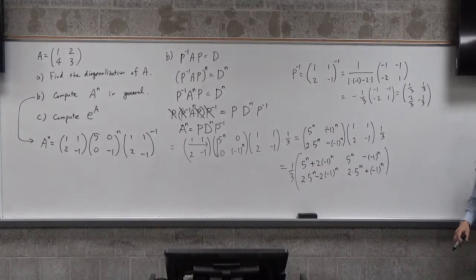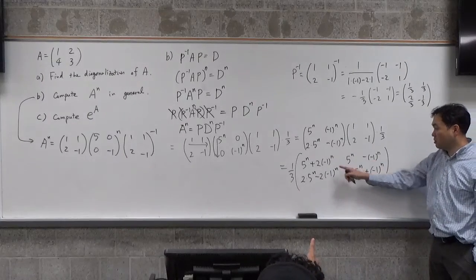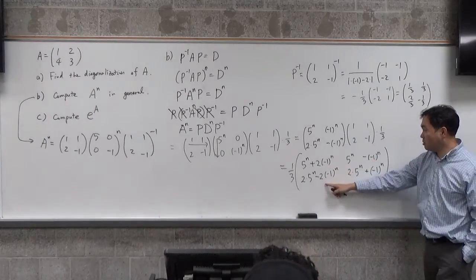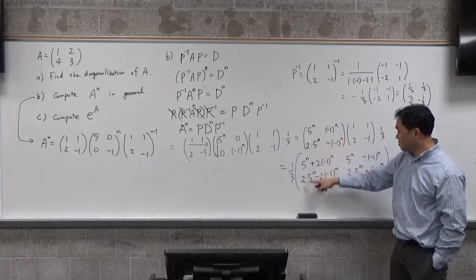Is there a reason why you don't cancel out the 2 negatives for the fourth matrix? For the negative 1 to the n? Oh, these? I was thinking on the first one. This one? Below it. This one? Yeah. Can't you just do the multiplication? This times this. 1 times this.